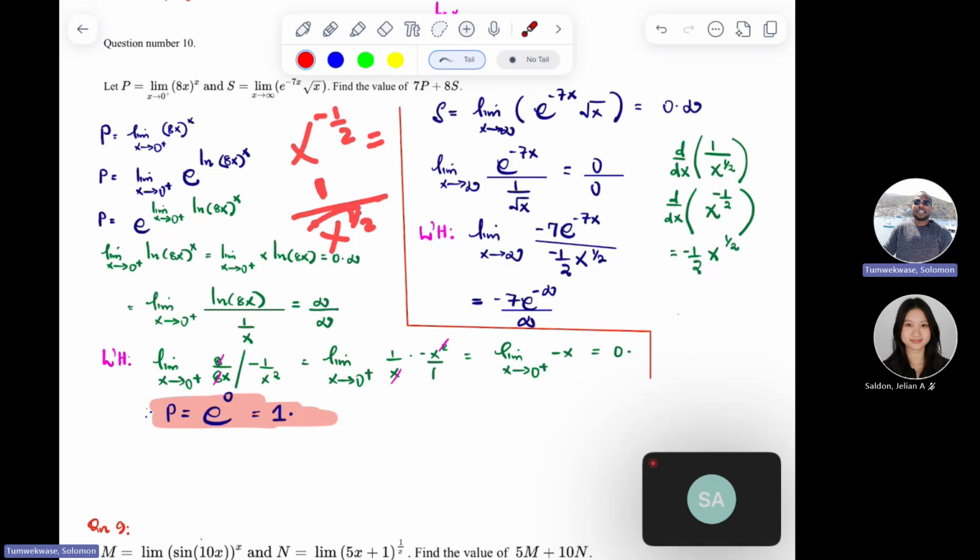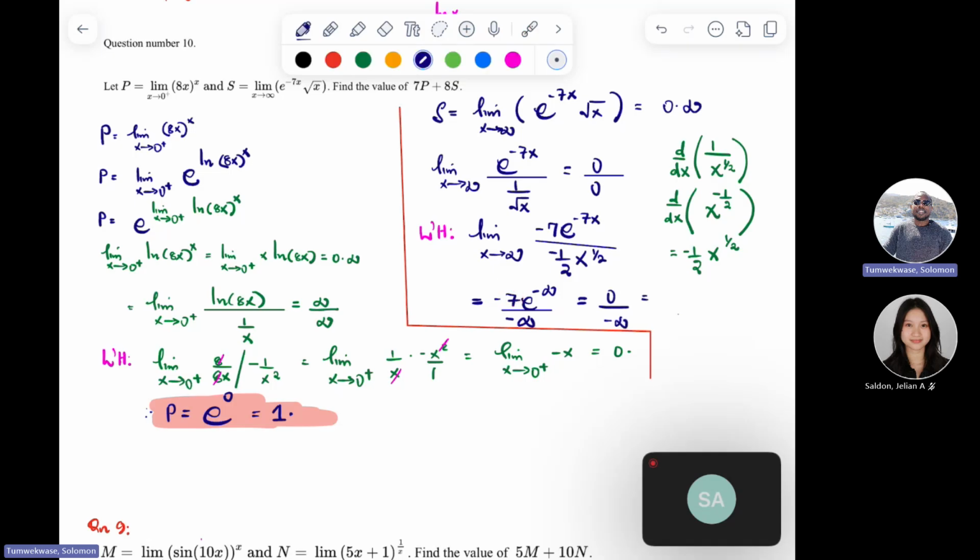So this will be 1 over infinity, and 1 over infinity is 0. But now that the power is positive, when I substitute infinity there, I just remain with infinity. So this is infinity, then times negative. In fact, maybe I should be putting a negative there. I hope that is fine. So the whole answer is e to the negative infinity, that is 0, 0 times negative 7, that is 0, then over negative infinity, and that is how I end up with a 0.